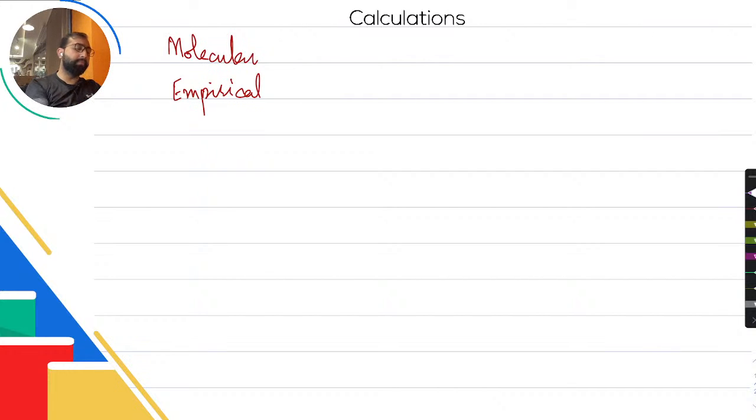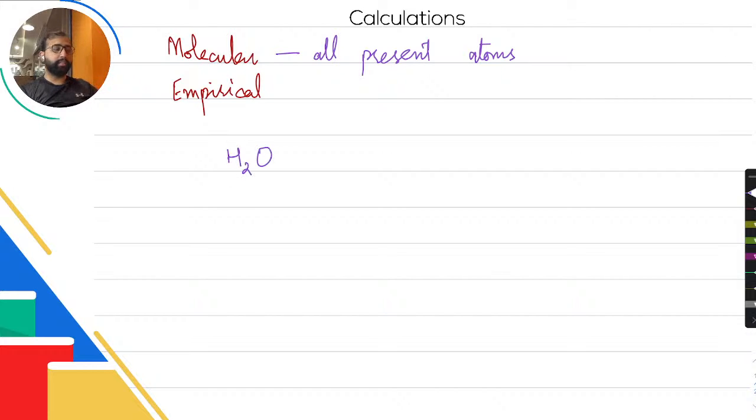So what is the main difference between molecular and empirical? Turns out that molecular shows all present atoms. So it tells me all the atoms that are present in any molecule, in any compound. So for example, when I say water, it's telling me H2O. This is the formula for 1 molecule of water.